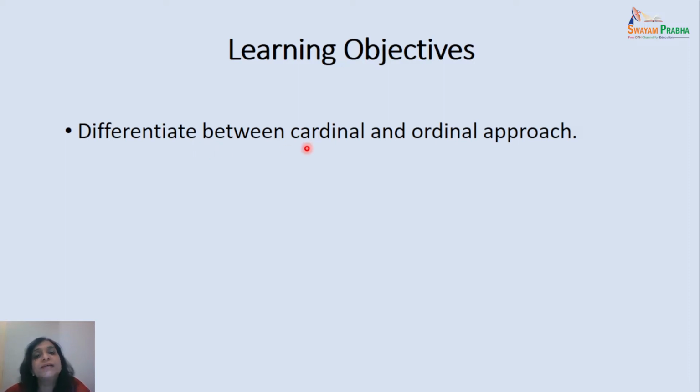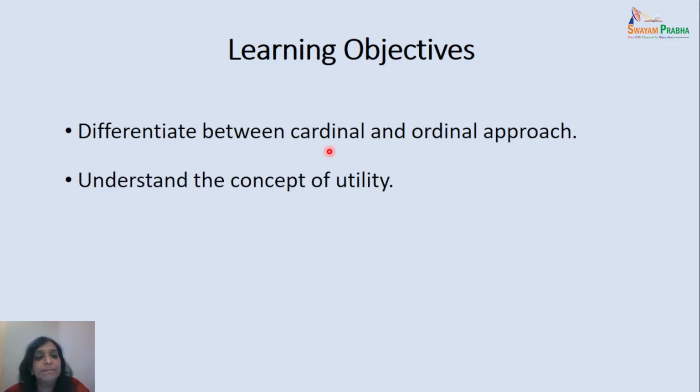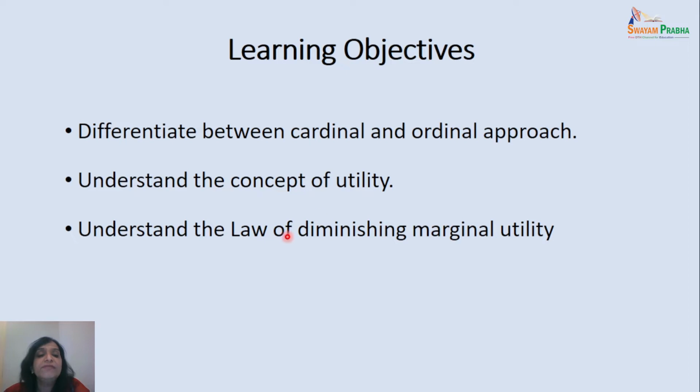One is called the cardinal approach, the other is called the ordinal approach. So we will be differentiating today between both approaches, cardinal and ordinal. Thereafter, we will understand the concept of utility, and then we will understand the law of diminishing marginal utility. So that's the sequence of the lecture today.